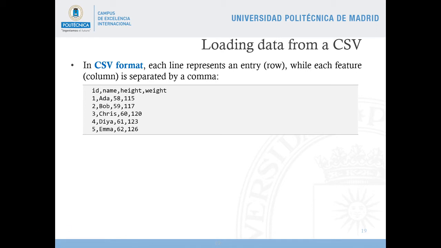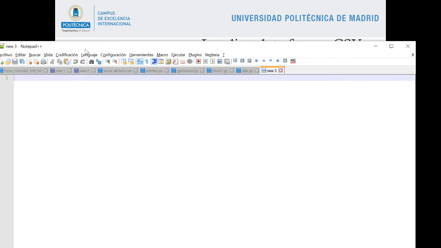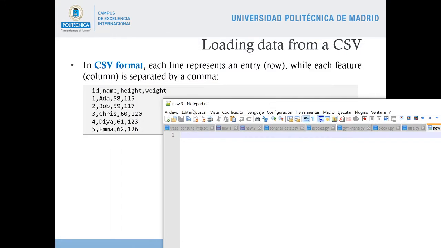Well, so I want you to open a new notepad or a new application for writing text and write the text in this slide. We have the first row, which indicates the name of the columns: ID, name, height, and weight.